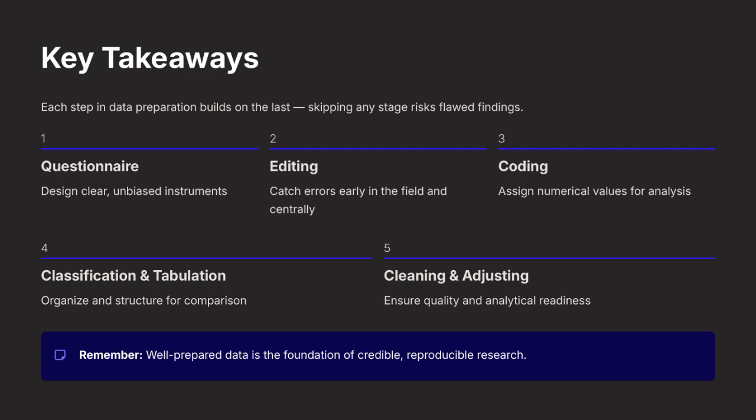After that, organizing and structuring the data through classification and tabulation allows us to compare and interpret the results effectively. Finally, cleaning and adjusting the data ensures it's accurate and ready for analysis. Remember, each of these steps builds on the previous one, so skipping any can compromise the entire research process. Prioritizing thoroughness at each stage helps us produce trustworthy, high-quality results that stand up to scrutiny.